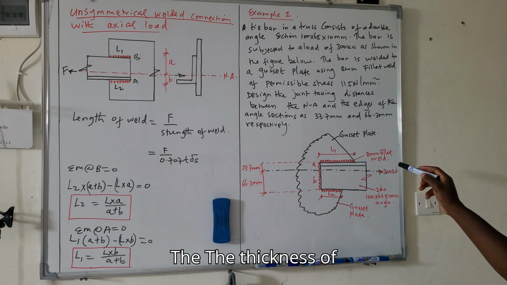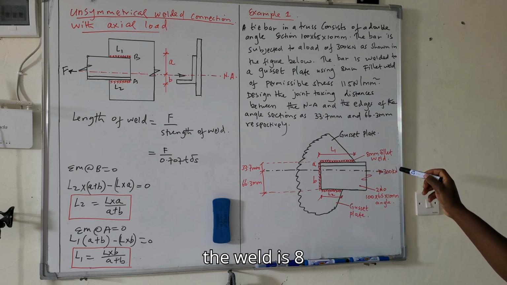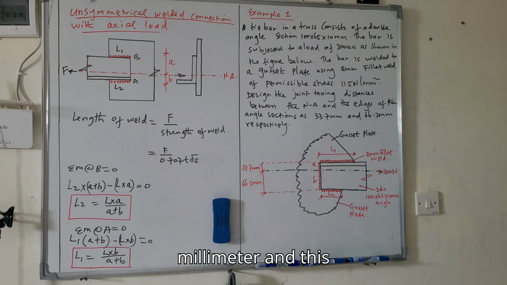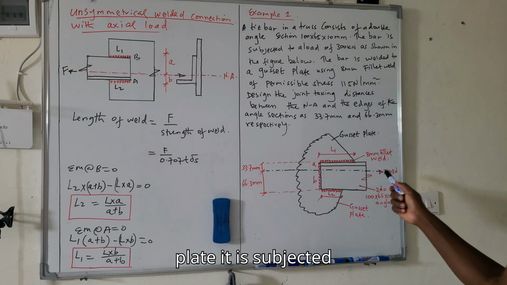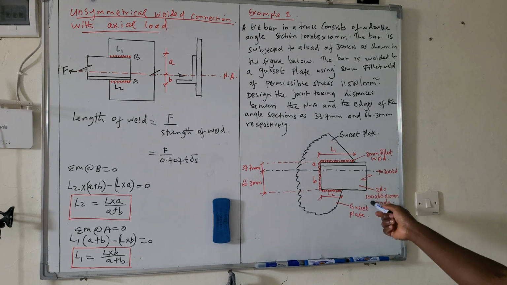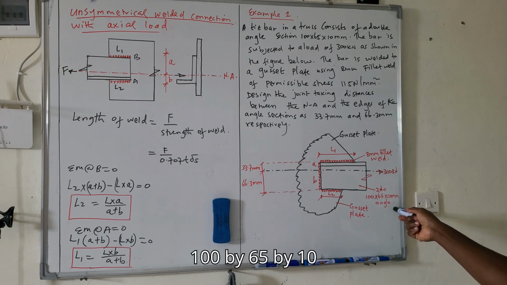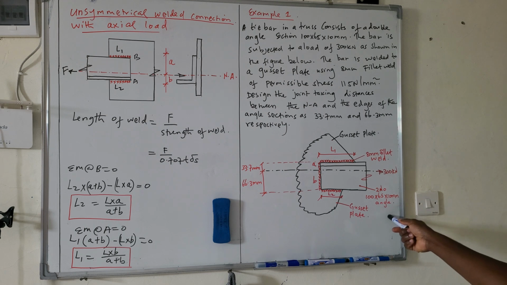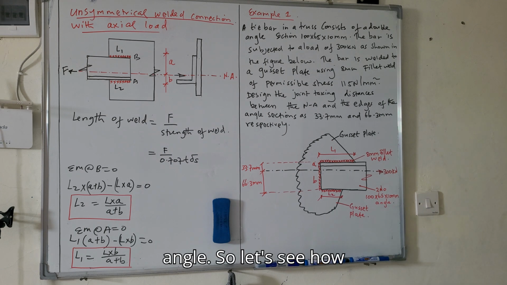The thickness of the weld is 8 millimeter, and this plate is subjected to 300 kilonewton. So this plate are two in number, 100 by 65 by 10 angle. So let's see how we can design such a joint.